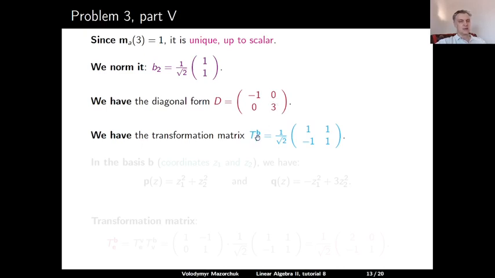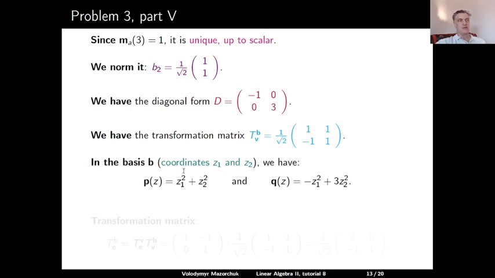So this is a transformation matrix from the basis V, our original orthonormal basis, to the new basis B, where the second form Q has this diagonal form. So in this new basis, and let us denote the coordinates in this basis by Z1 and Z2, we have that the quadratic form P has the standard inner product form Z1 squared plus Z2 squared.